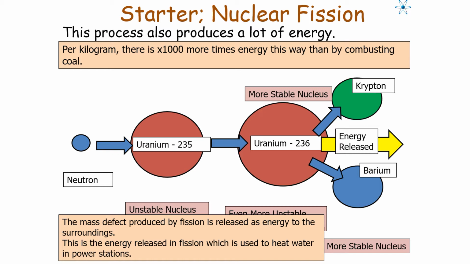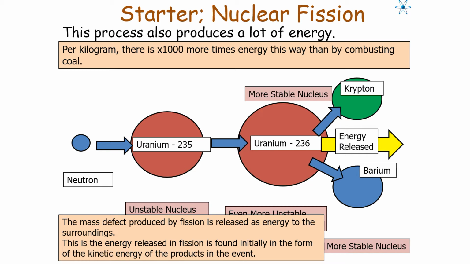Now, it is this energy released in fission which is used to heat up water in nuclear power stations. Remember, the energy released in fission is found initially in the form of kinetic energy of the products, but also in the form of gamma rays. So there are two forms of energy released in the fission process.